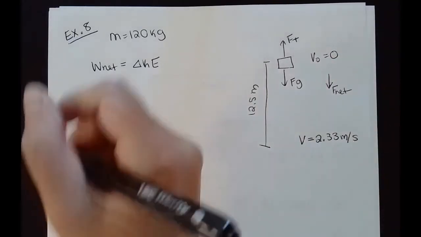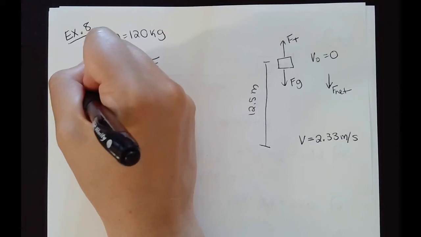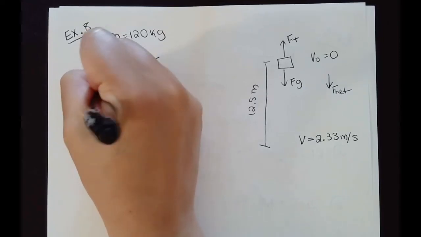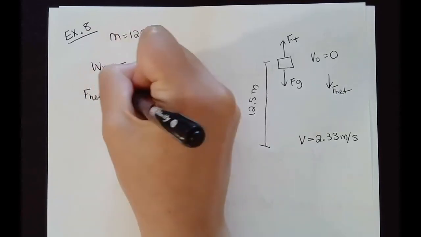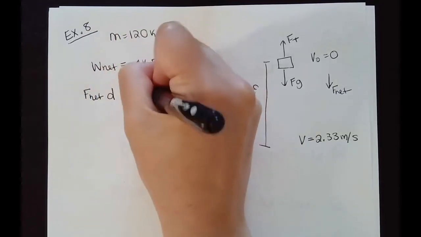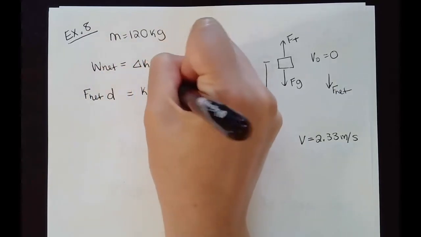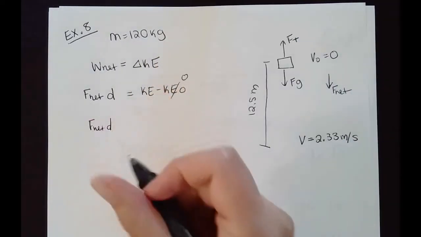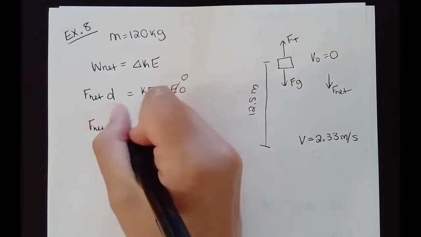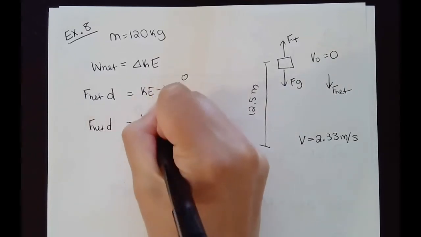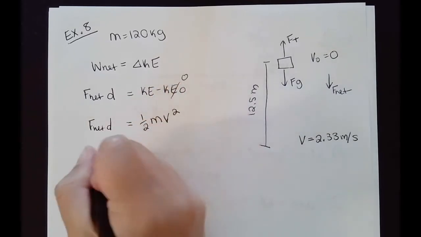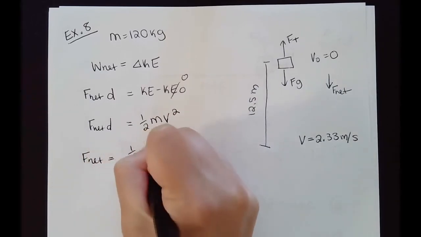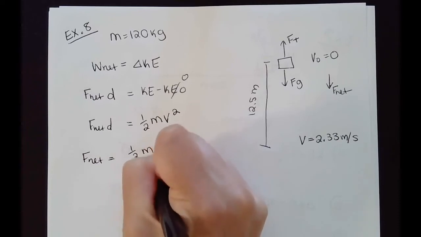So the net force is down, which means that we have cos of 0, which is 1. So the net work is F net d cos 0 equals Ke minus Ke naught, and Ke naught is 0. So we'll have F net d equals 1/2 m v final squared, and then we can find the net force, which is 1/2 m v squared over d.